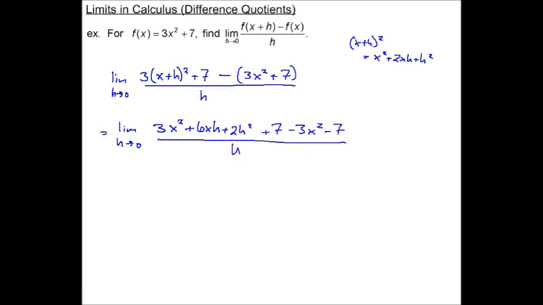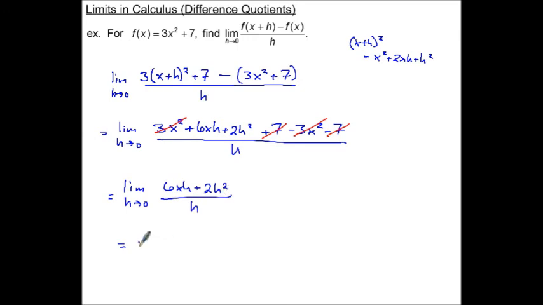Now the good news is that I have a negative 3x squared and a positive 3x squared. I also have a positive 7 and a negative 7, so a whole lot of stuff just canceled. Okay, and at this point, I've got the limit as h approaches 0 of 6xh plus 3h squared all over h. And the good news is that I've got something that I can factor an h out of, or if you prefer, I can simply eliminate an h out of all terms.